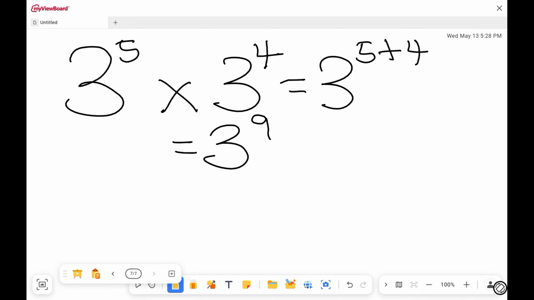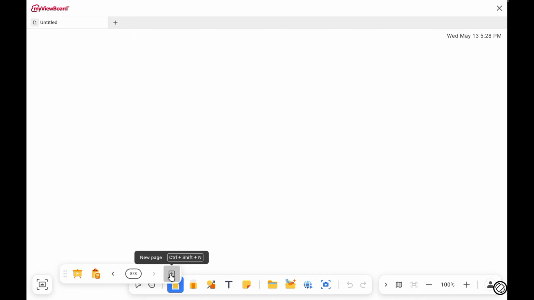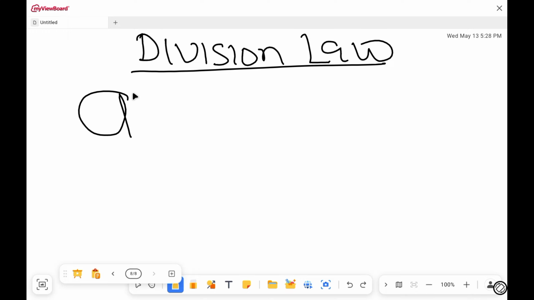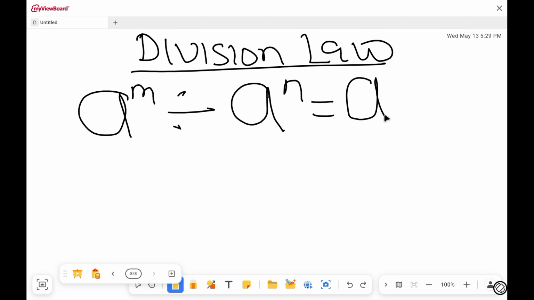So let's take a look at another law. We have the division law. Division law, as stated, means that when you have a raised power m divided by a raised power n, you will subtract the powers, as long as they have the same base.